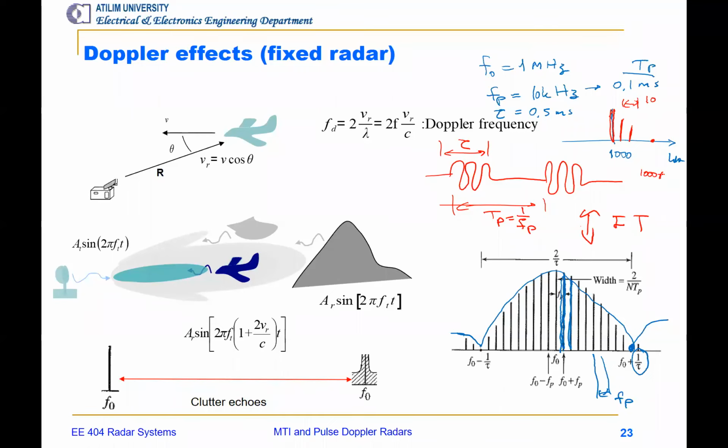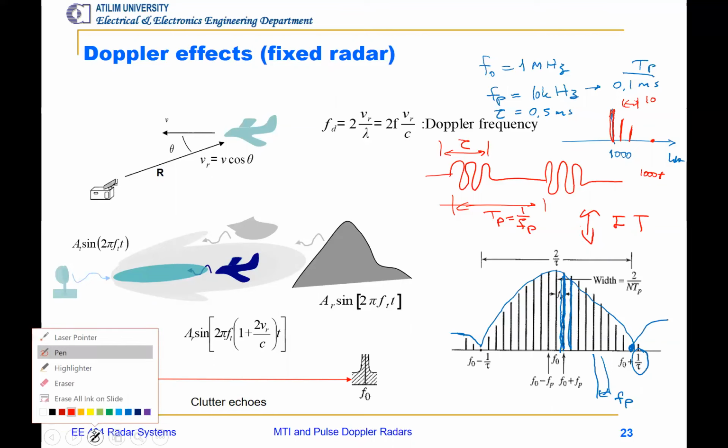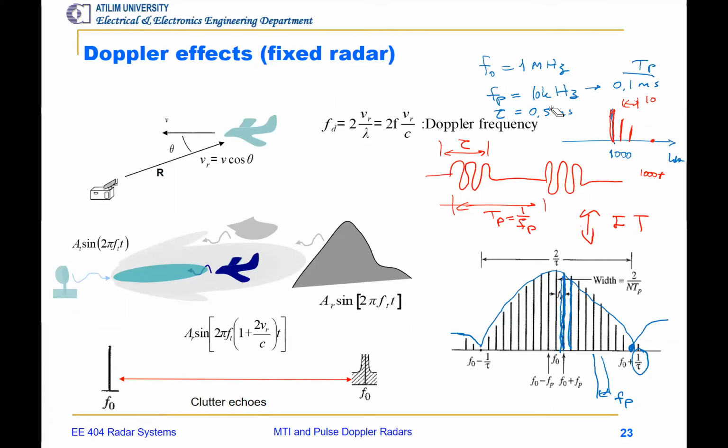Sorry, it's not 2, I'm sorry. There's an error here. I just put the numbers randomly here, but we have to be careful. If this is 0.5, it's going to be 0.05 milliseconds. I am sorry.